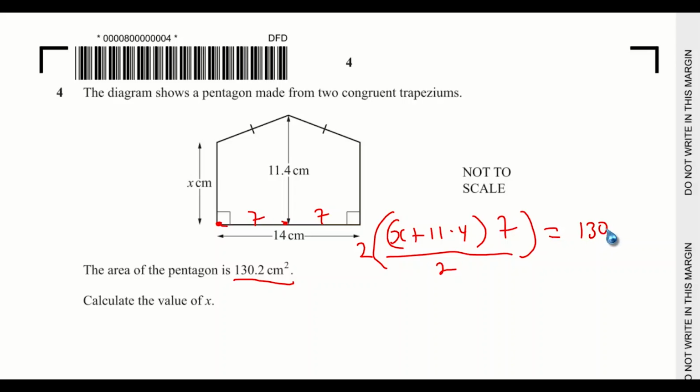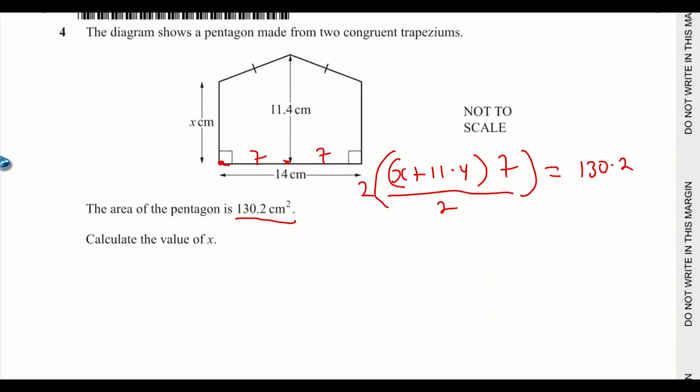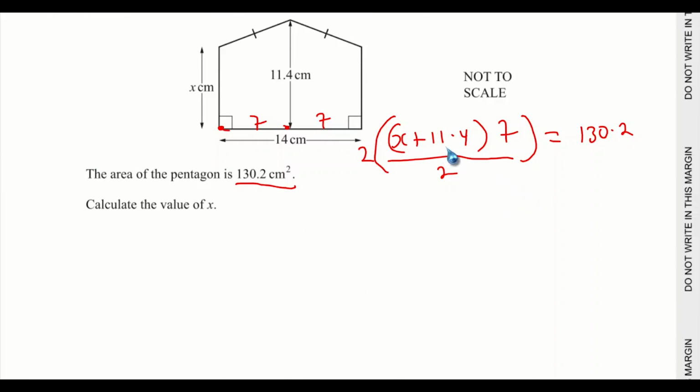So 130.2 square centimeters. We can easily calculate the value of x here. This will cancel this. So we are left with, let's write here, x plus 11.4 into 7 equals 130.2. If we expand this bracket, better still, you can divide both sides by 7.